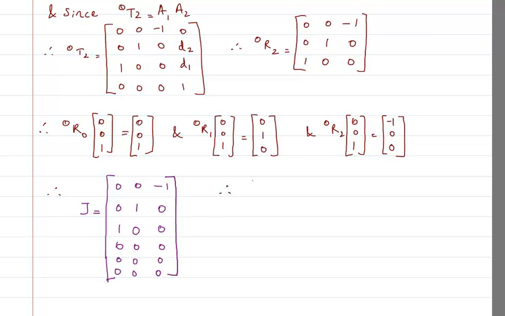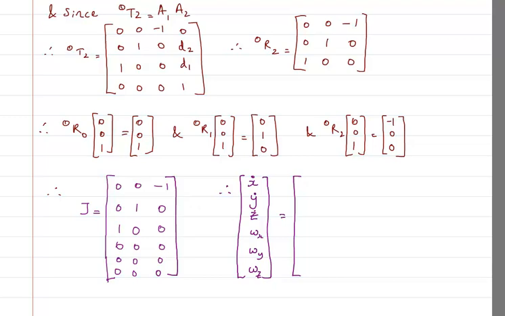Therefore the velocity kinematics is x dot, y dot, z dot, omega x, omega y, omega z. It's going to be because of the multiplication with J, which is this same matrix.